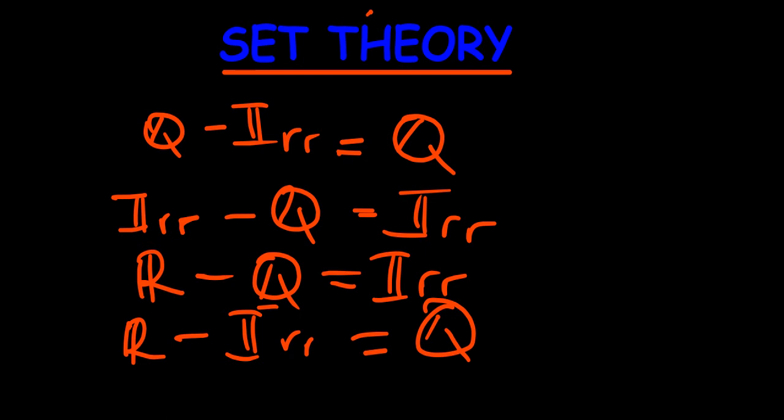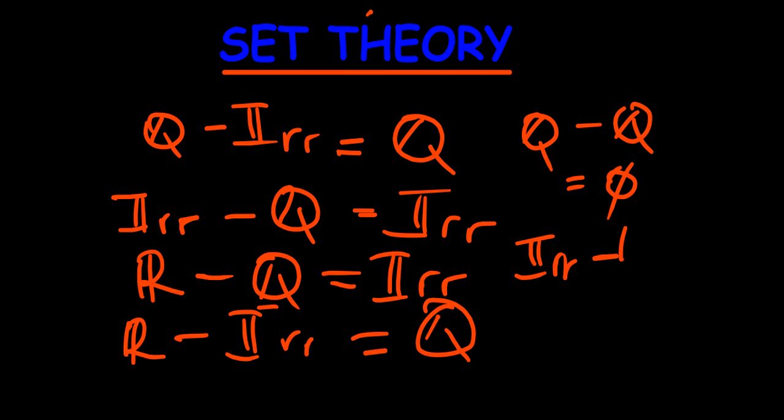What of when we remove rational numbers from rational numbers? We remove that, and we remain with the empty set, because you removed everything there. Also when we do the same with irrational, it just gives us the empty set. These are examples of how relative complement is in play.